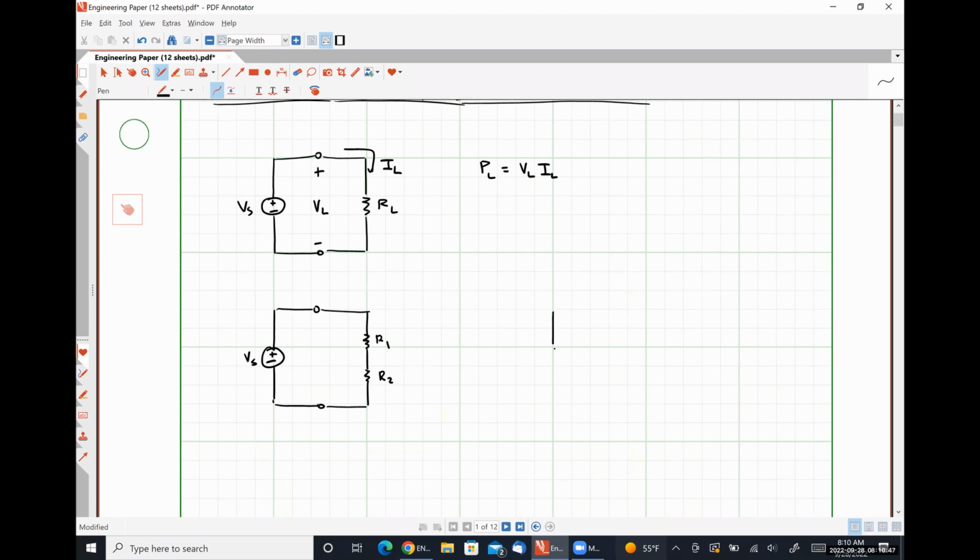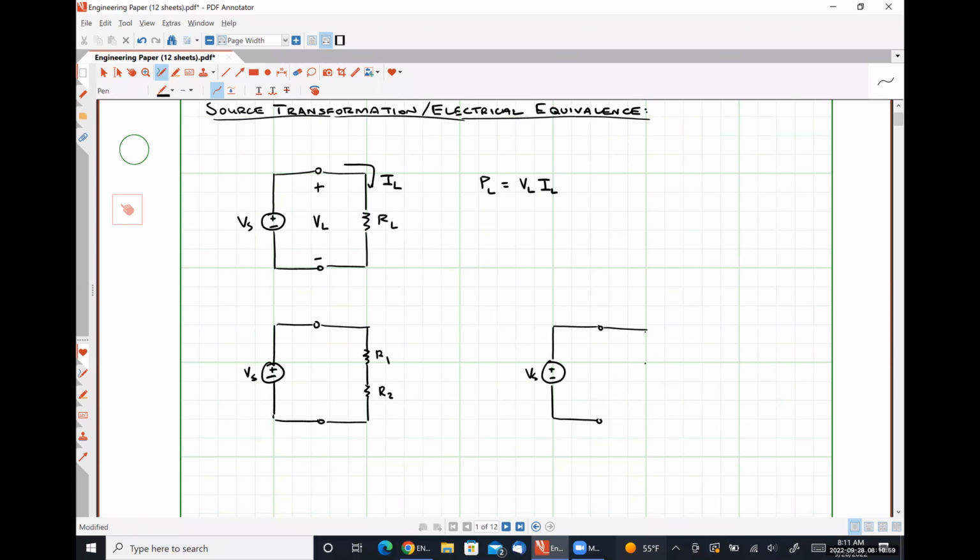And a circuit on the right containing the same voltage source only contains some resistance R3. So under what conditions are these circuits electrically equivalent?